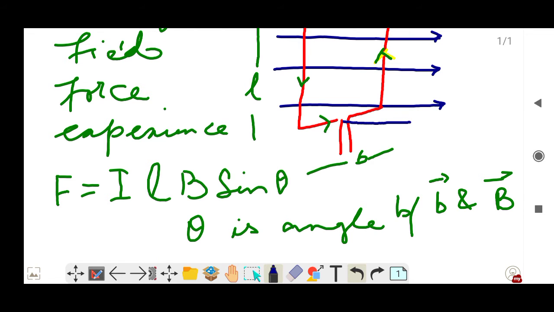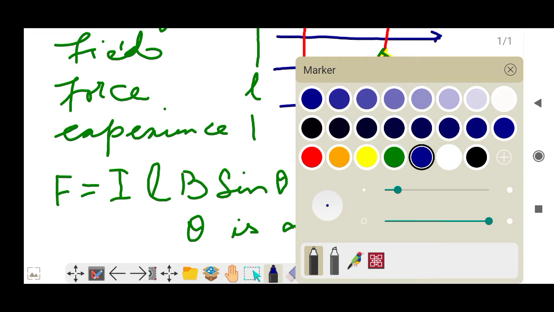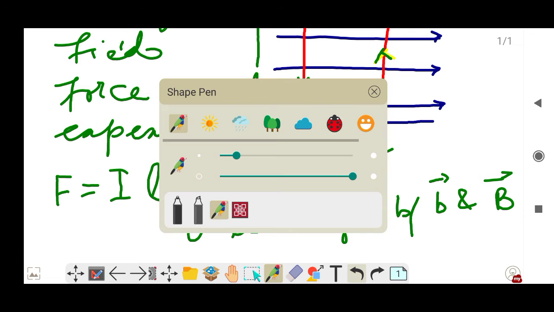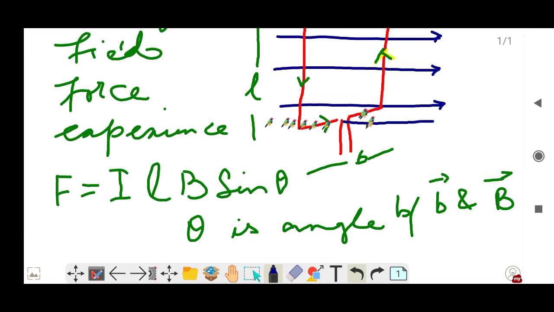Suppose I'm taking one more line, and this is the angle theta that it is making with the magnetic field.